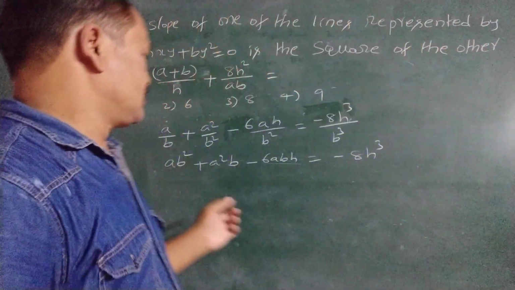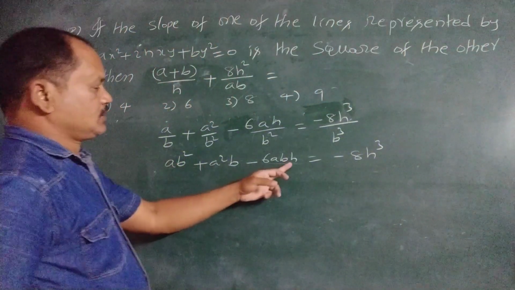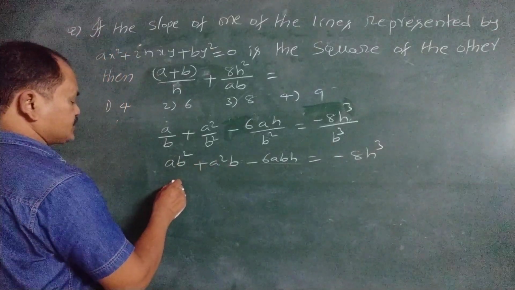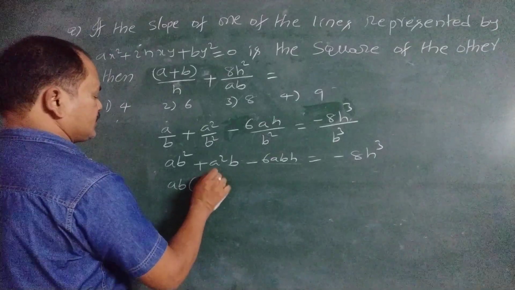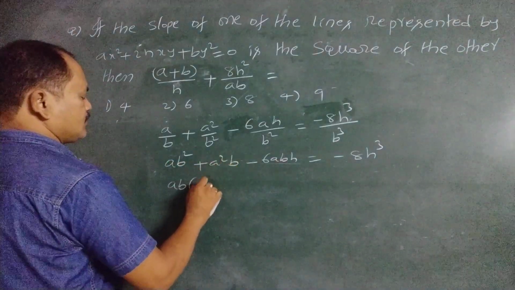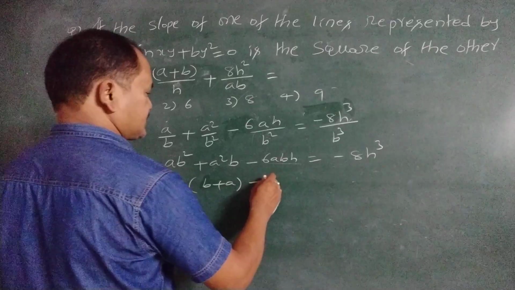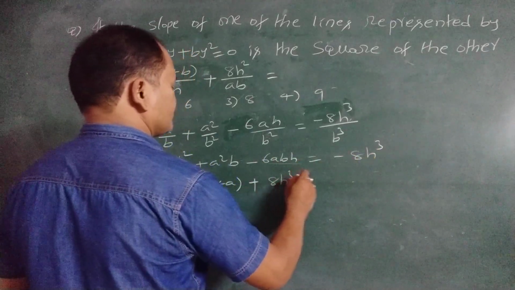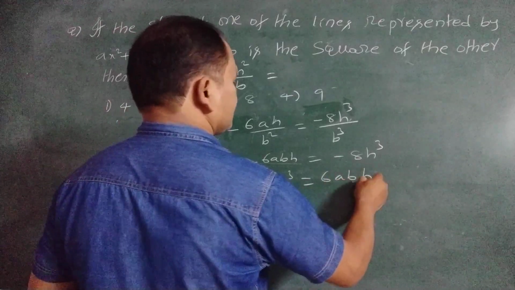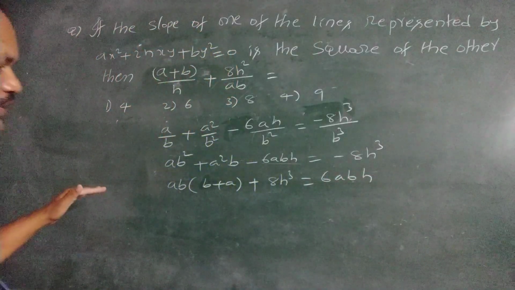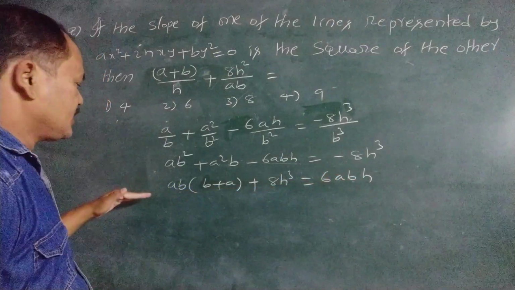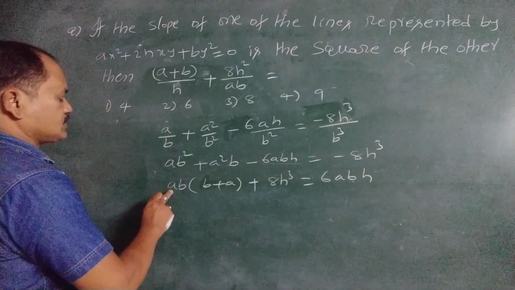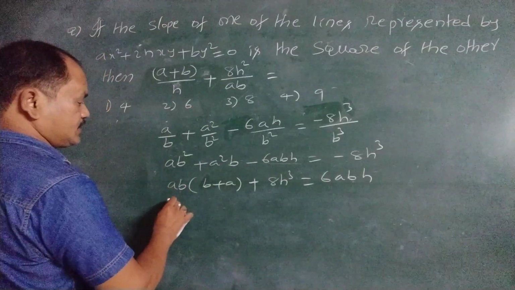Now observe here, we have to take ab common from these two. ab is common, so it is (a + b), minus, take this side and that side, this is 8h cube is equal to 6abh. Now dividing by abh on both sides.